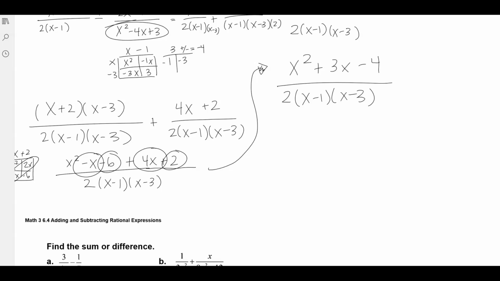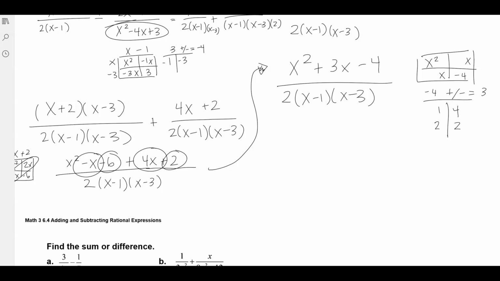And now we want to factor that top to see if we can get factors that will cancel in the bottom. So you have x squared plus 3x minus 4. So factors of negative 4 that add or subtract to equal 3. So you have 1 and 4, 2 and 2.